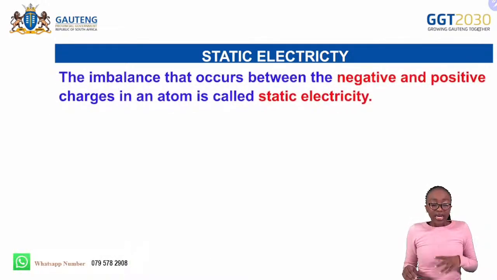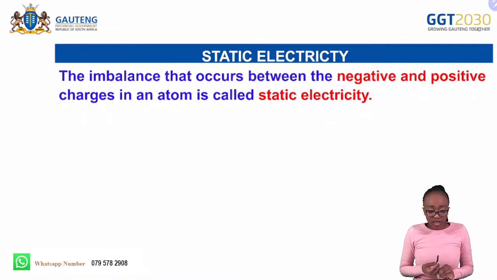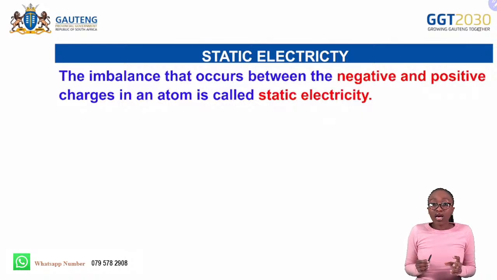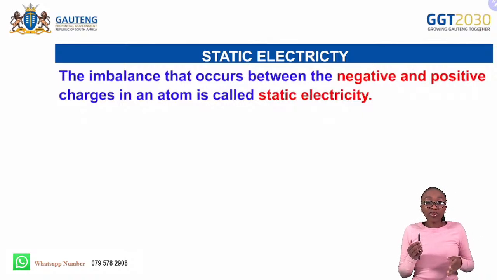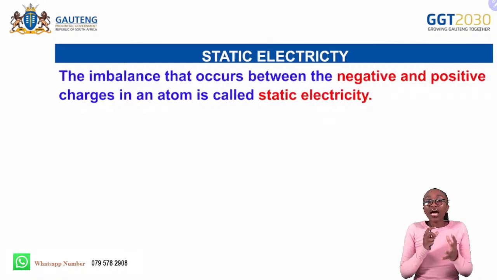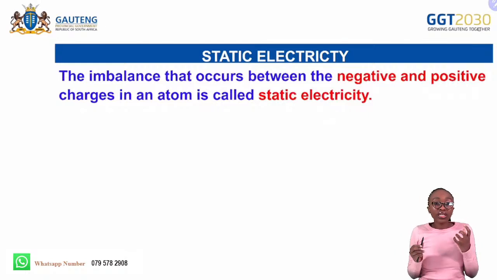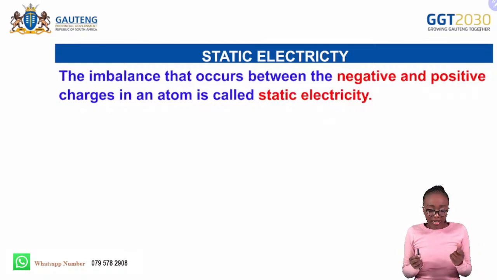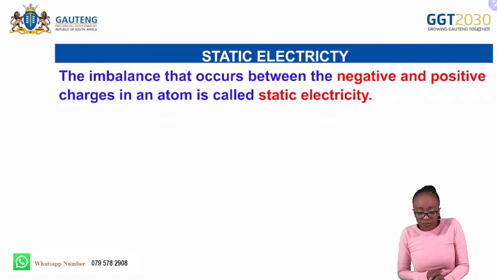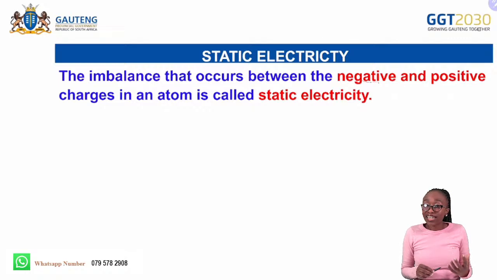Now let's look deeper into static electricity. Remember there were 6 electrons and 6 protons in both object A and B. But after friction happened, we ended up with an imbalance. That imbalance between the negative and the positive charges is now called static electricity.